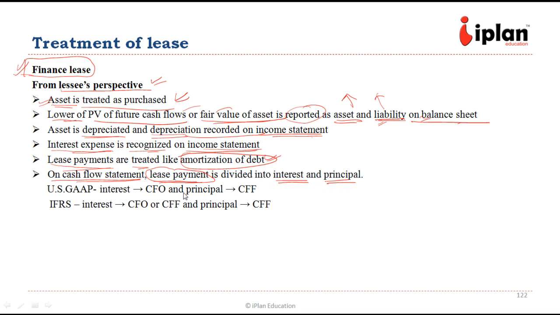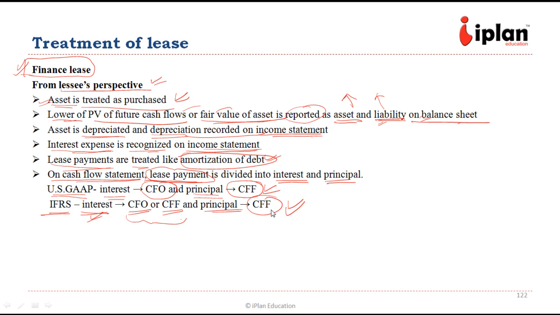Under US GAAP, the interest goes to CFO, cash flow from operating activities, and the principal goes to cash flow from financing activities. And as we know, under IFRS, the interest can be treated as cash flow from operating activity or financing activity. It can go to either of them, but the principal has to go to cash flow from financing activities only, under both IFRS and US GAAP.